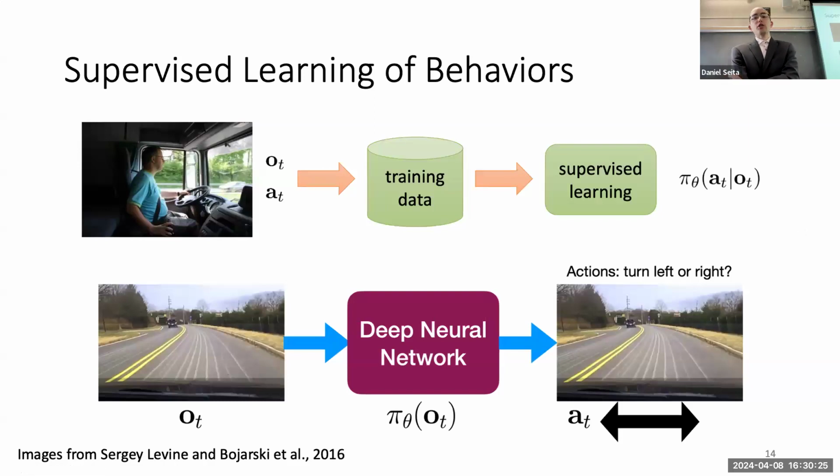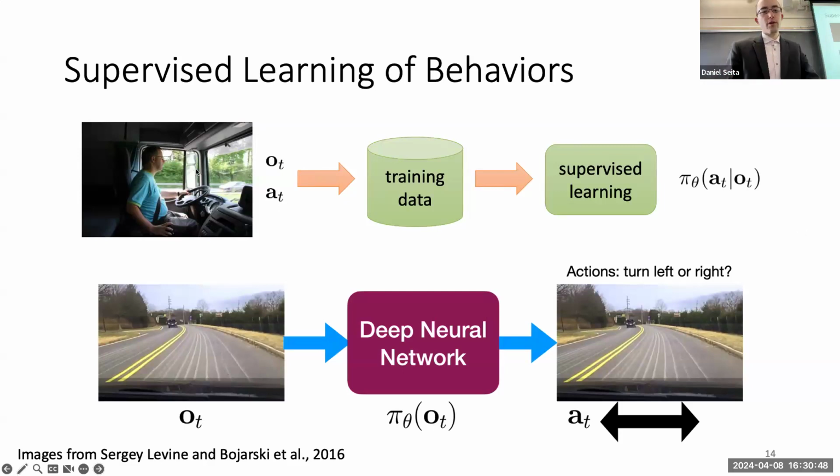When we talk about supervised learning of behaviors, this is conceptually how it will work. These are some other examples of visualizing it. One way to do this is you might have a human here. The human is presumably an expert driver.